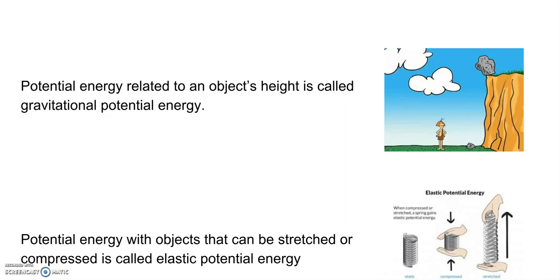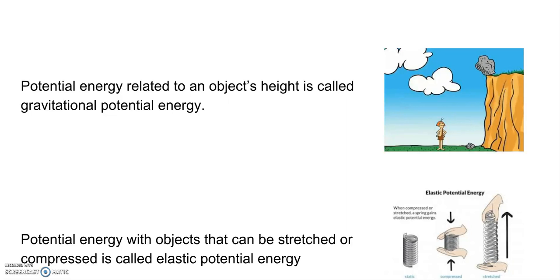Same thing if it's being stretched out. If it gets stretched out, it has elastic potential energy, and it'll have that until I release it, and then it will have kinetic energy because the spring will start to move.